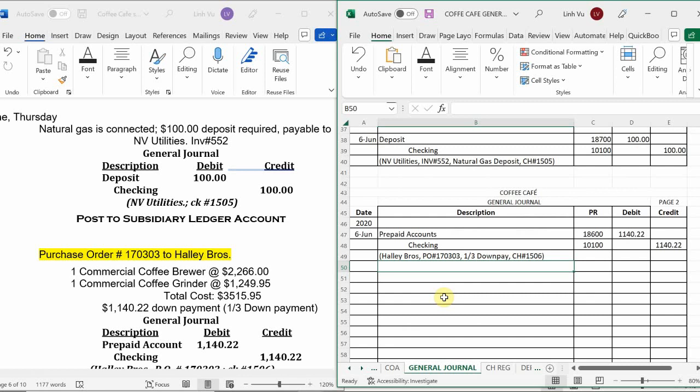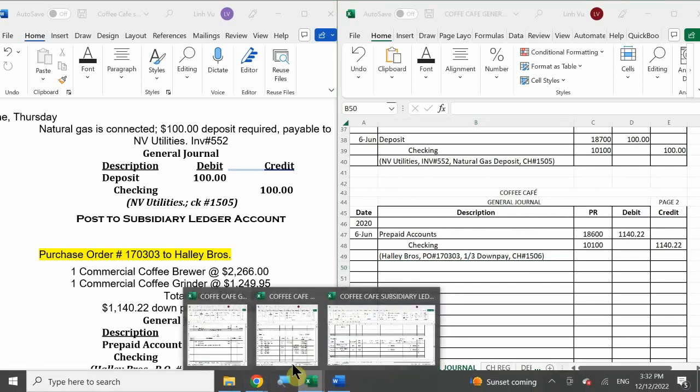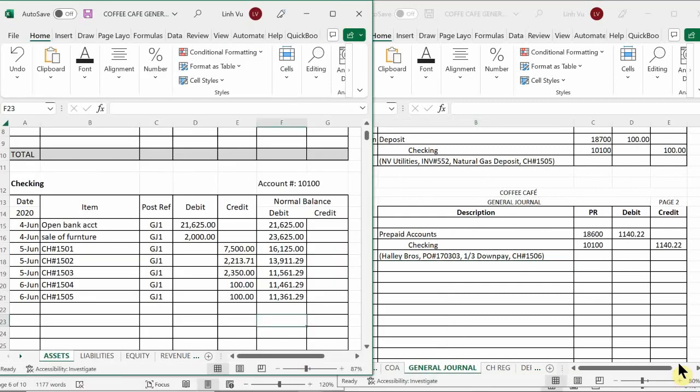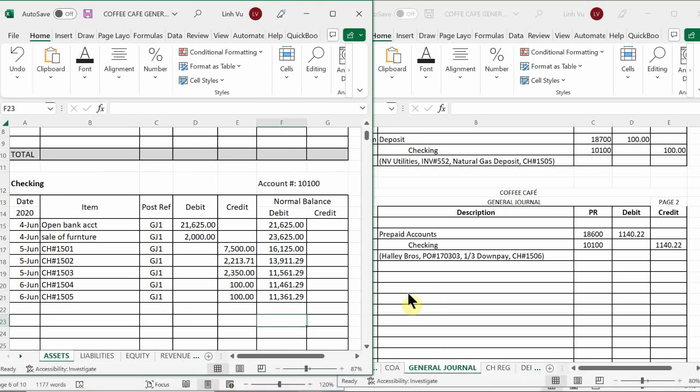So now I need to pop it into my ledger, because I need to update my accounts because I made another payment yet again. So in this case, you're able to do the same thing here. Since I'm already on my checking account, right? I'm going to go ahead and update my checking account first, since this one's pretty straightforward. 1506.